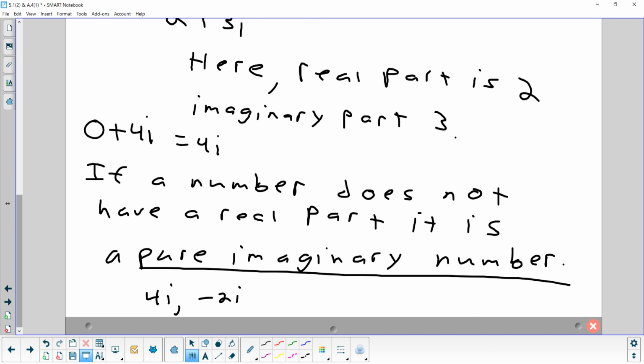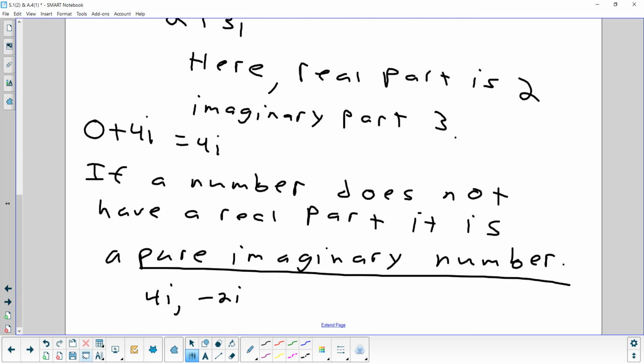Now, earlier I said every number that you've ever studied in like a high school math class is a complex number. You might say, well, I've looked at lots of numbers that don't have i in them. Well, that's fine. Complex numbers don't have to have i. This is a complex number, 5.